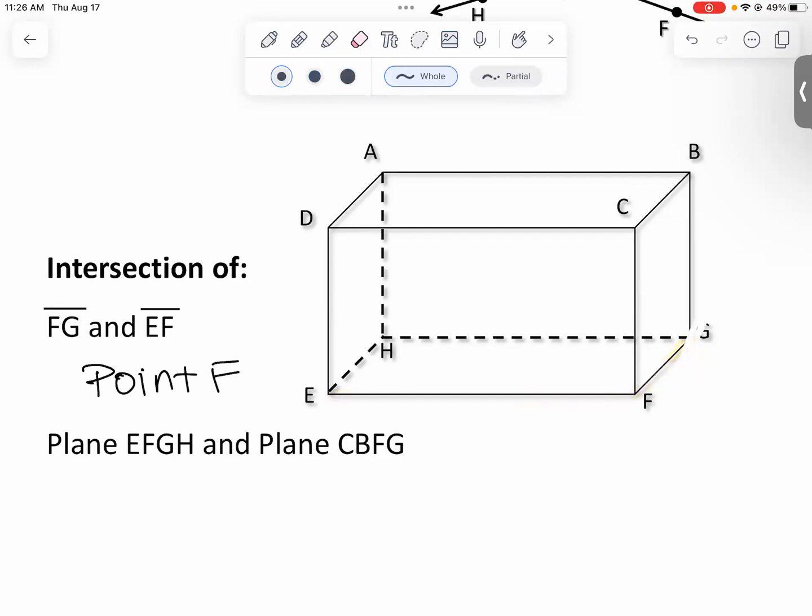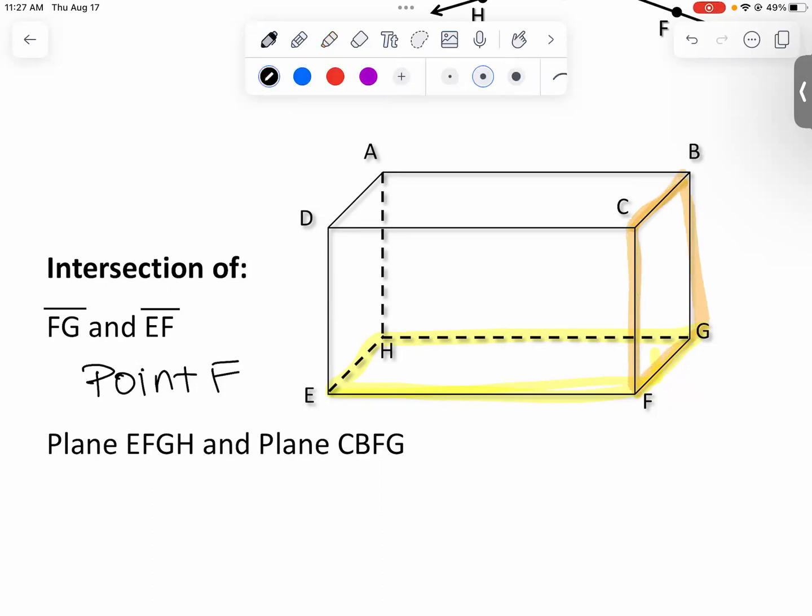Now, I know it takes 3 points to name a plane, but here, with this rectangular prism, they're naming all 4 points that make a side to help you out. So we have plane EFGH, this one right here, and we have plane CBFG, this one right here.